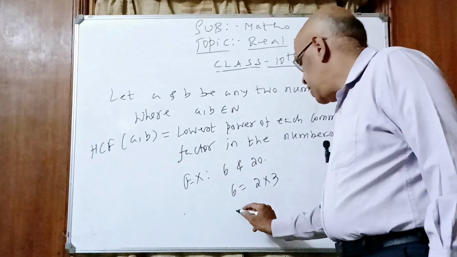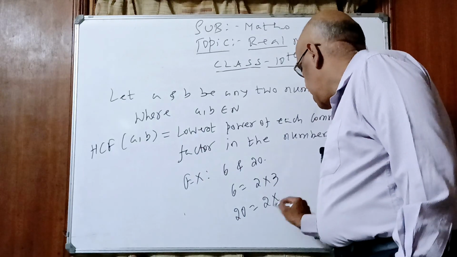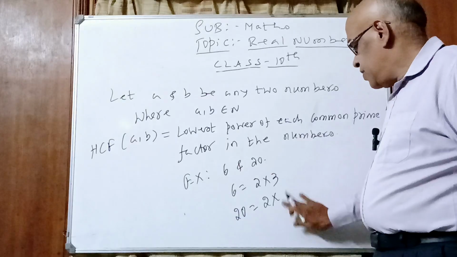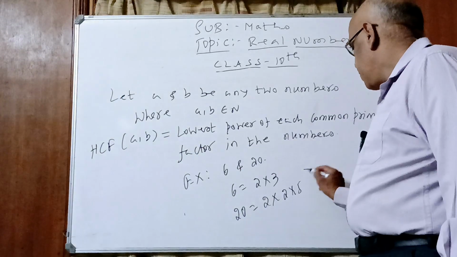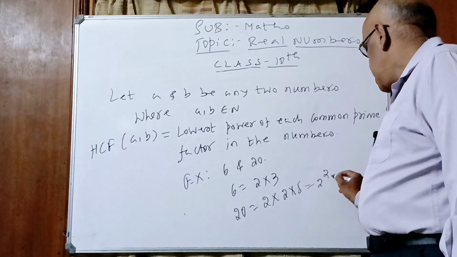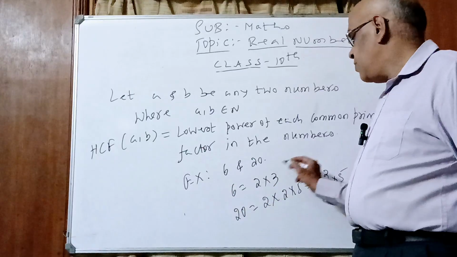Now come to 20. What are the factors of 20? 2 tens are 20. 10 is not a prime number. Again factorize that. What will we get? 2 into 5. So this is 2 square into 5.